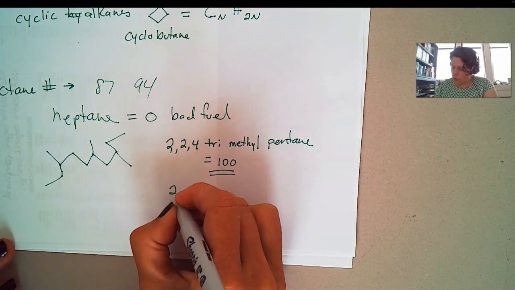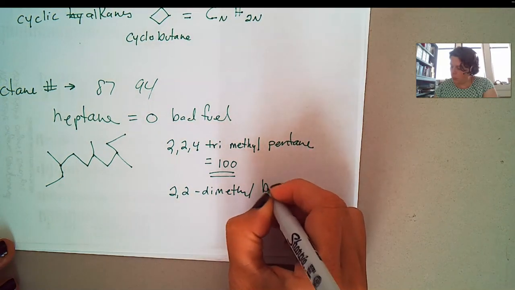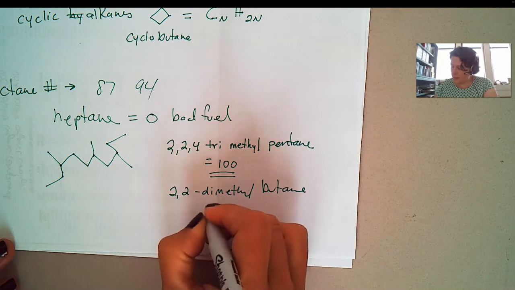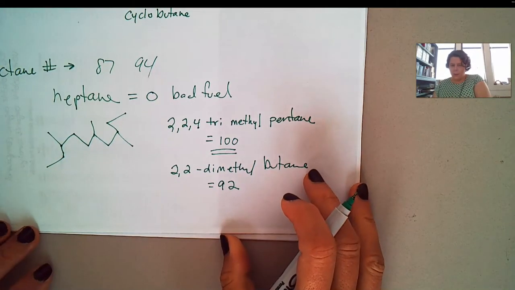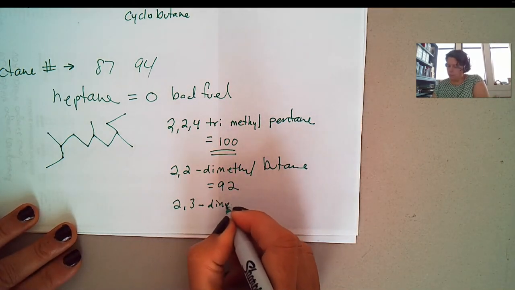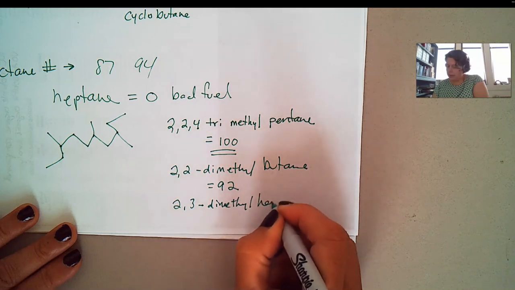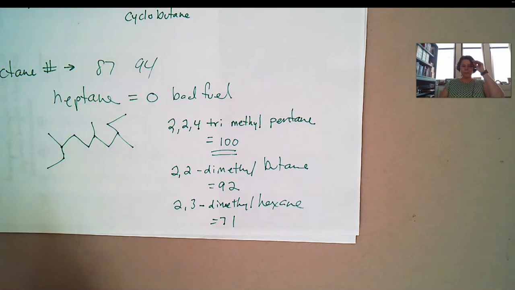If you do 2,2-dimethylbutane, this has an octane rating of 92. But if I put in 2,3-dimethylhexane, this has an octane rating of only 71.